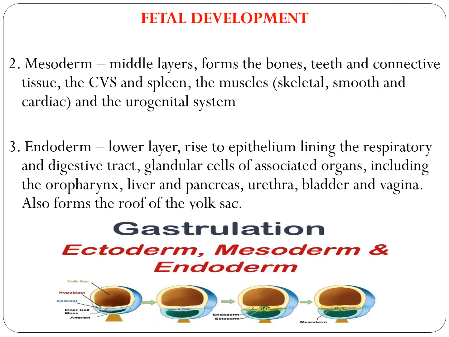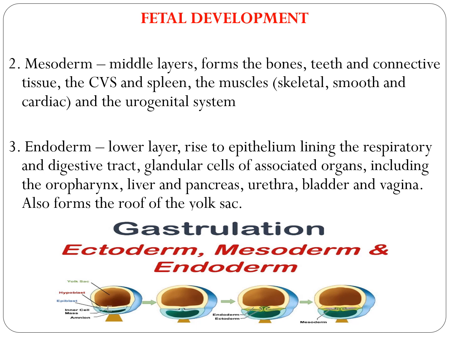Next, we have the mesoderm. The mesoderm from the fetal development is the middle layer, forms the bones, the teeth, the connective tissue, the cardiovascular system, the spleen, the muscles, the skeletal, the smooth, and the cardiac, and the urogenital system.